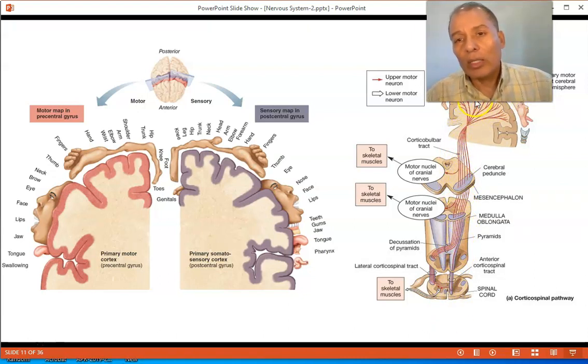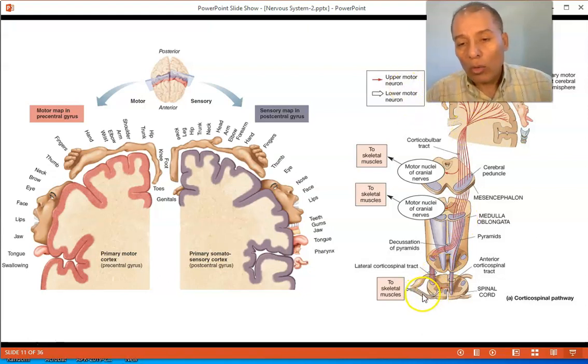This system that you see here, connecting from the motor cortex and going down to the brain stem and the spinal cord, is called the pyramidal tract or the pyramidal system. All these neurons that go from the cerebral cortex to the brain stem and the spinal cord, we call them the upper motor neurons.